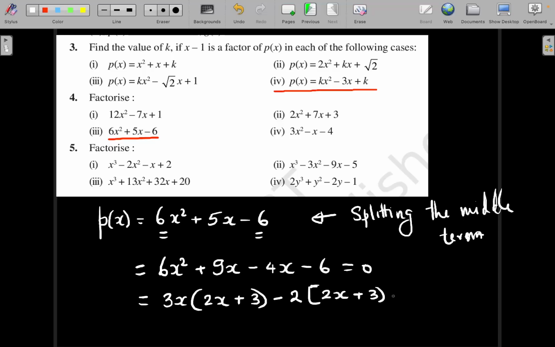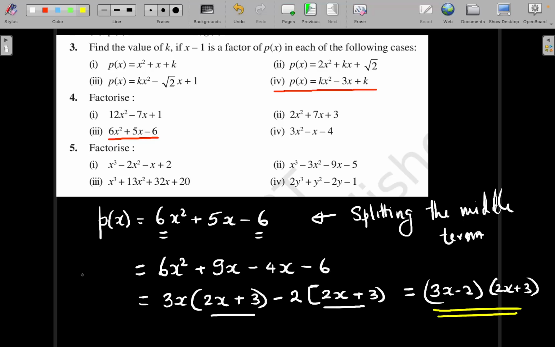So you will see that this 2x plus 3 is going to repeat if I got the splitting of the middle term right, and this is equal to 3x minus 2 into 2x plus 3, and with that I have finished the problem.